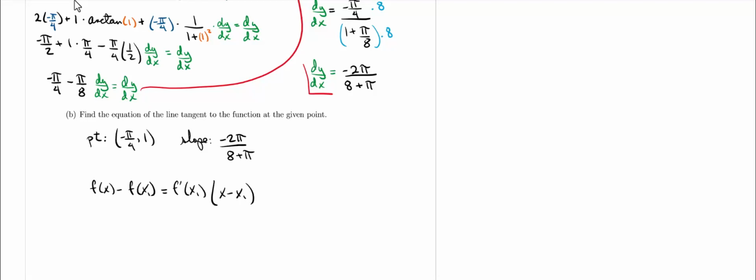So this is going to give us f of x minus f of x1, or the y value, which was 1, equal to the slope, negative 2 pi over 8 plus pi, times x minus x1. So x1, if I'm not mistaken, was negative pi over 4, so negative and negative turn into a positive. And there we go. Here we have the equation for the line. There is no need to isolate the f of x. This equation is perfectly fine. It is the point slope form.